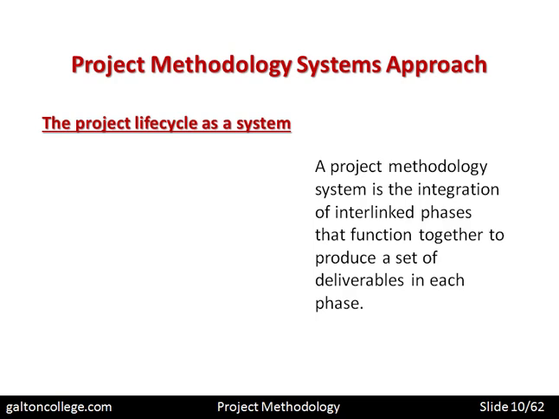Those outcomes are then put together, interlinked with other outcomes from other subsystems to make up the final project that was required. So the final project can be seen as the aggregation of subsystems.